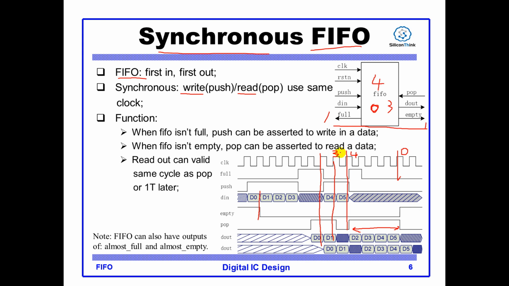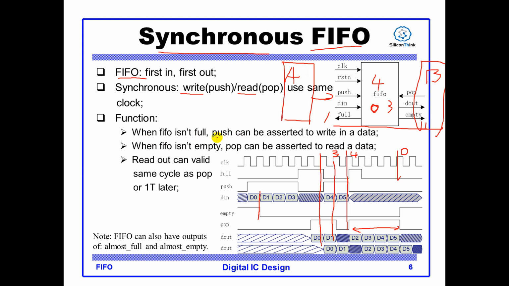From the waveform, you can see there are some restrictions for the operation of a FIFO. We assume there is a block A, which will write to it, and there is a block B, which will read from the FIFO. So there are some restrictions for block A and block B.